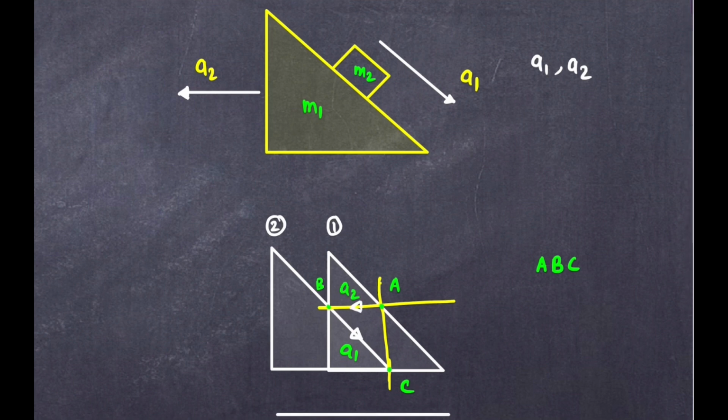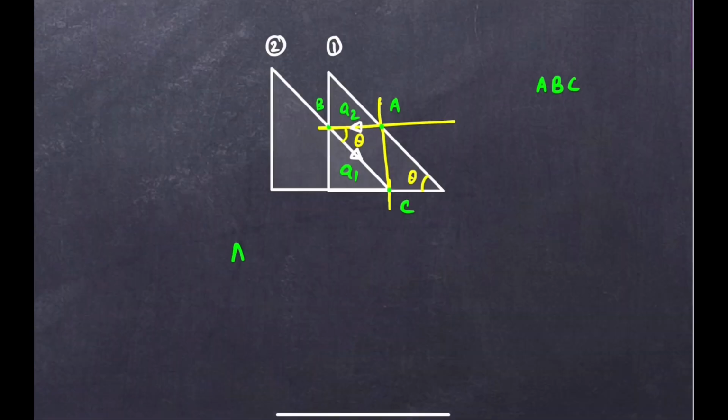Okay, and see that again this angle is theta. The angle of the wedge is theta. So if this angle is theta, this angle will also be theta. So in the triangle ABC, I can write that cos theta will be equal to AB upon BC.